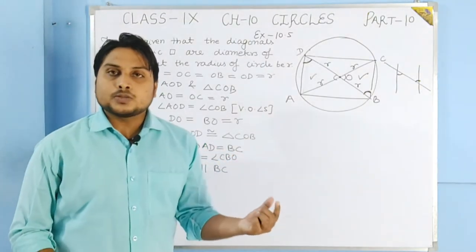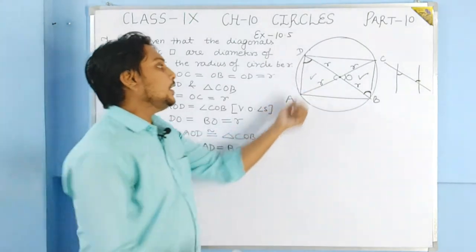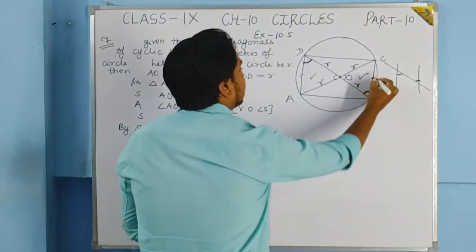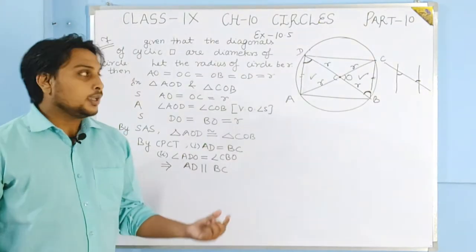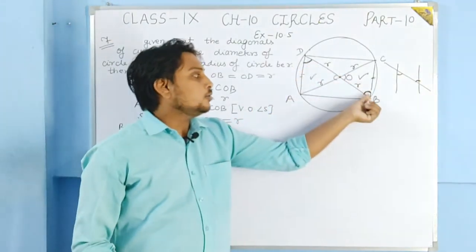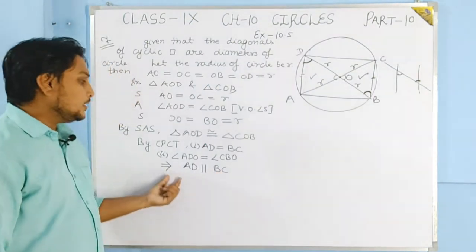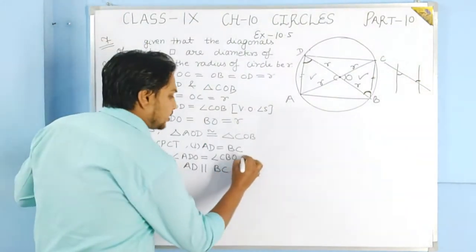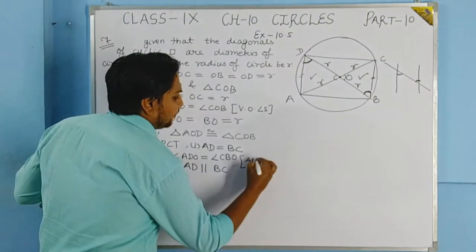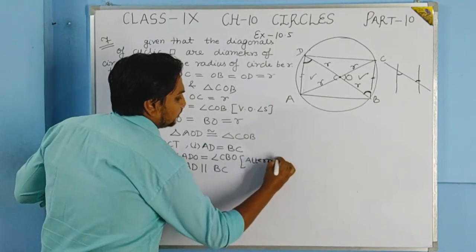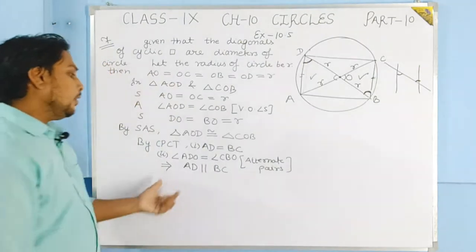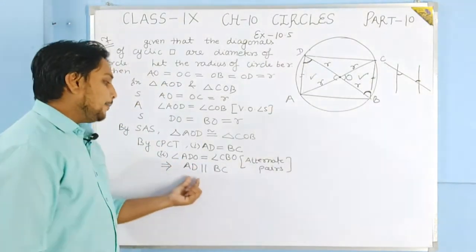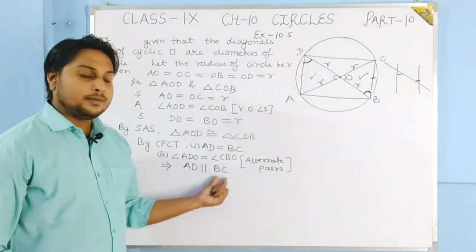Okay, they are the corresponding parts of the congruent triangles, this side AD and this side BC, so they should be equal to each other. And the second condition, what we say, that this angle is equal to this angle, and since they are alternate pairs, then this will imply that the side AD is parallel to side BC.